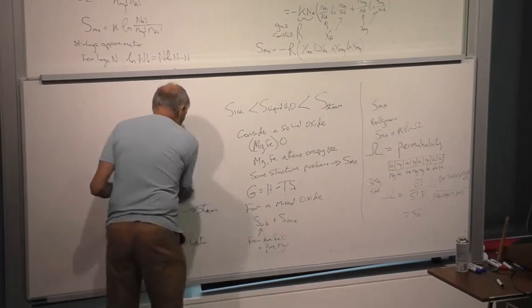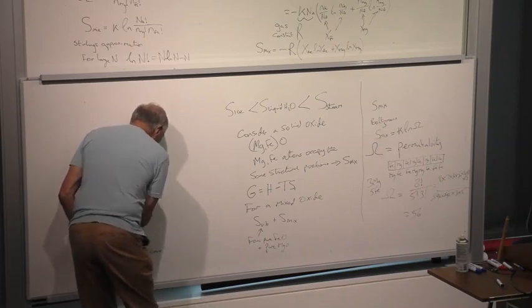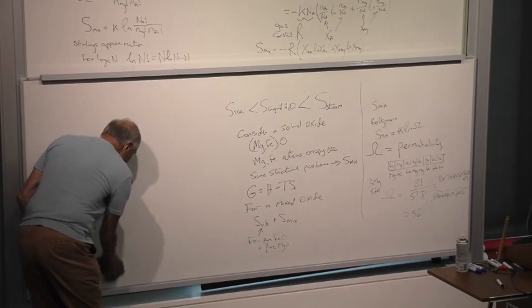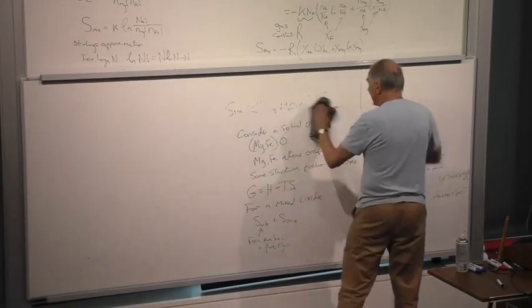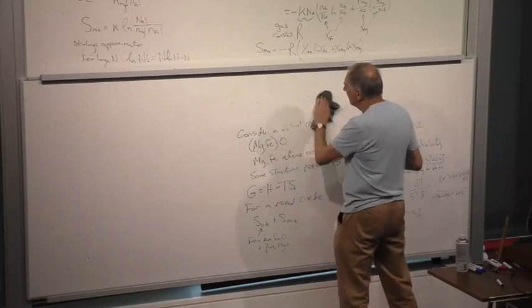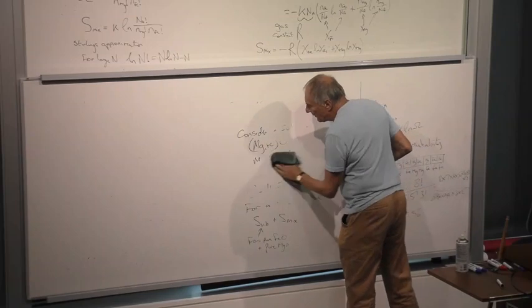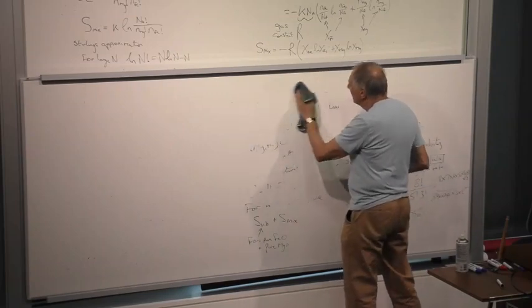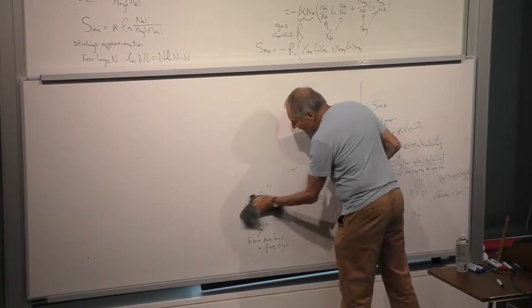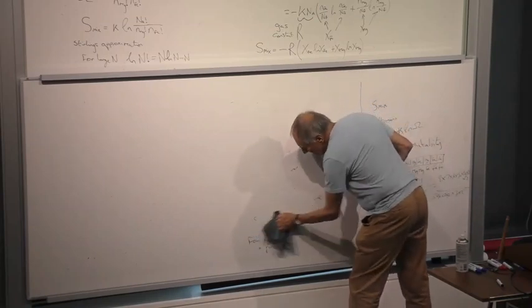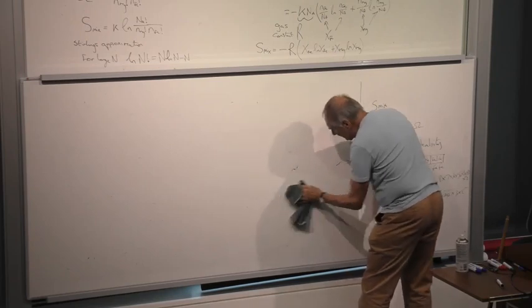Okay, so let's write that down, and sketch it on our free energy diagram. All right, so our mixed crystal then has entropy of the pure end members, it has enthalpy of the pure end members, and it has entropy of mixing.